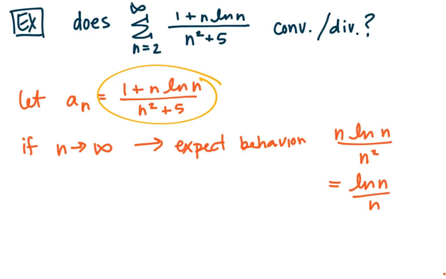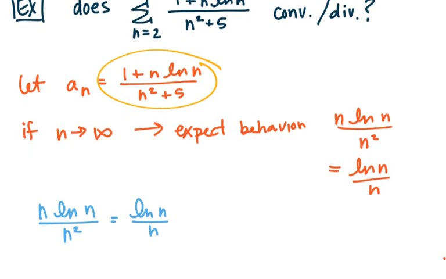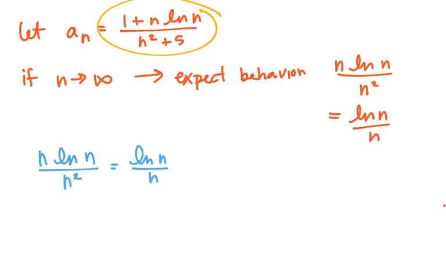So let's think about how we are going to choose our b sub n term. Right now, ln n over n squared is basically equal to the natural log of n over n. And if we start listing out terms for ln n over n, what we see is that all of those terms are going to be larger than the terms for our harmonic series as long as we're dealing with an n greater than or equal to 3.